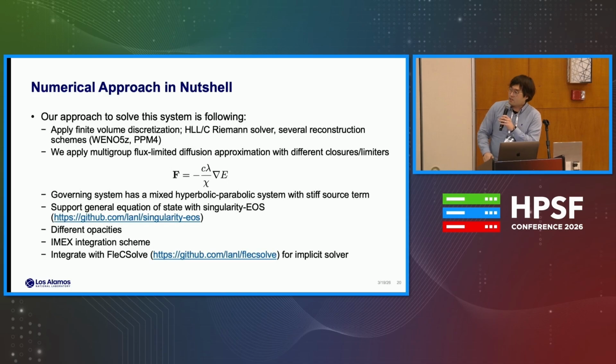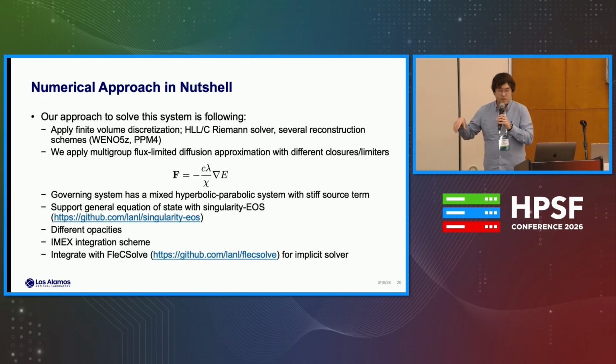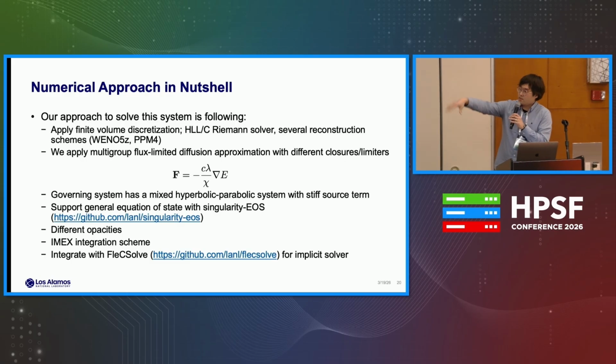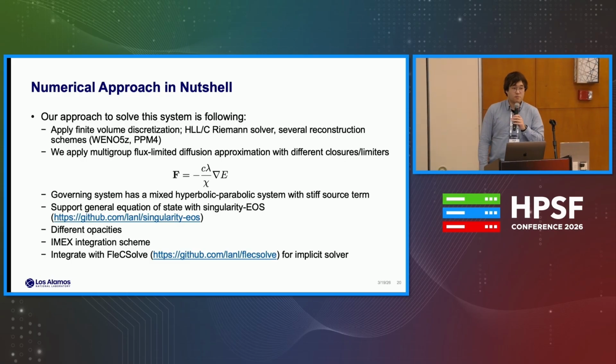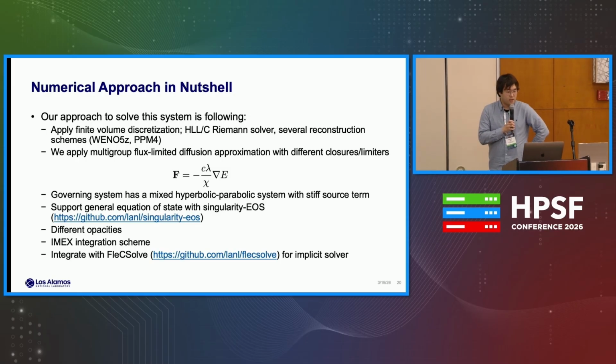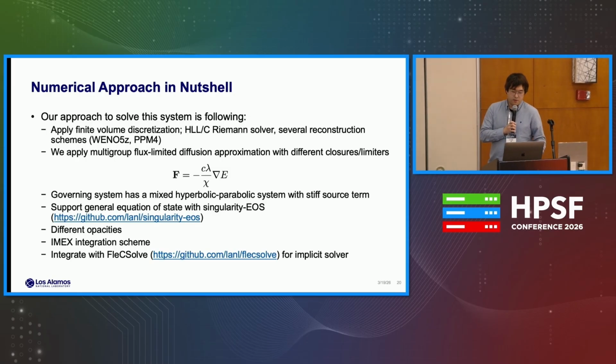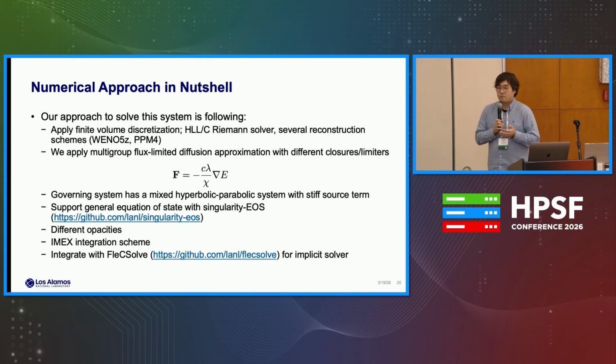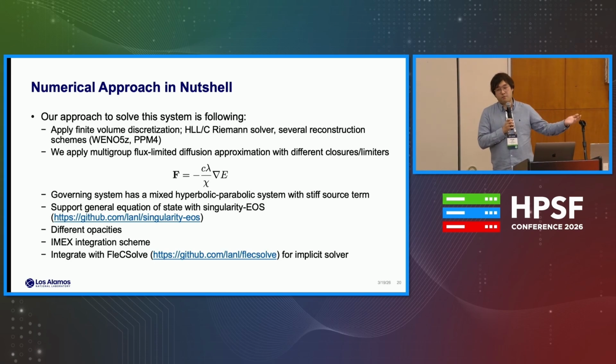I'm not going to go through all the details of what we have in our code, but that's some of the numerical methods and methodology we are putting in here. We are following pretty standard techniques for the hydro: finite volume, HLLC1 solver. And then we have something called multi-group. There are multiple different ways to approximate how you can treat your radiation transport.